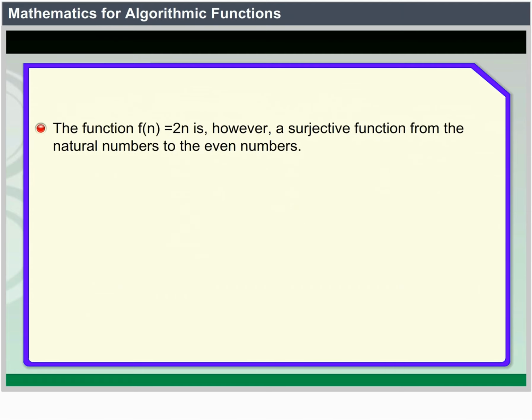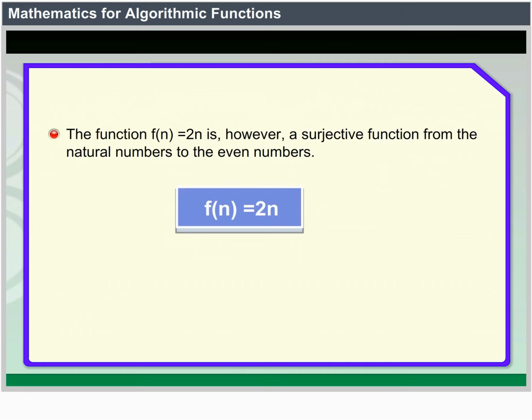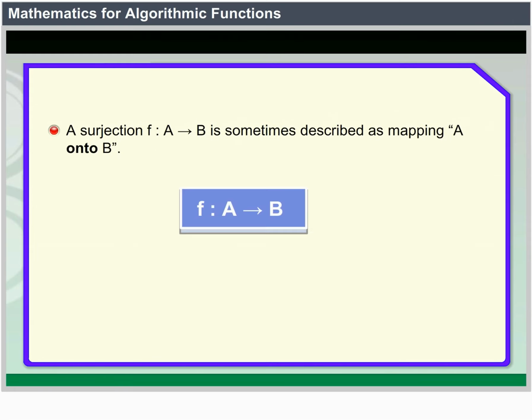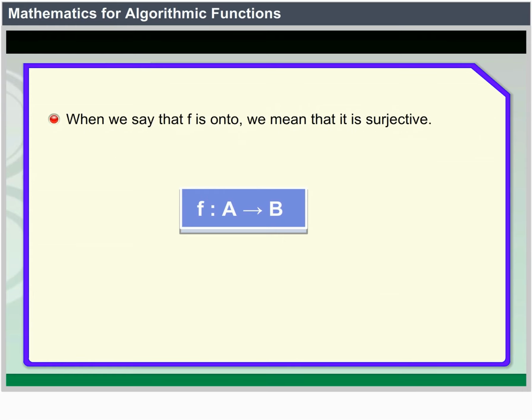The function f(n) = 2n is, however, a surjective function from the natural numbers to the even numbers. A surjection f such that A → B is sometimes described as mapping A onto B. When we say that f is onto, we mean that it is surjective.